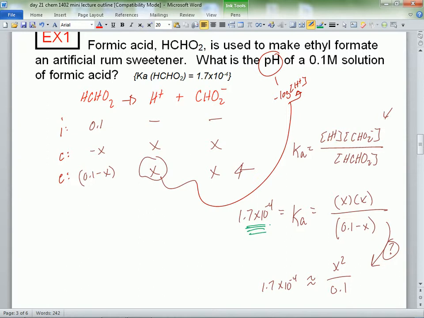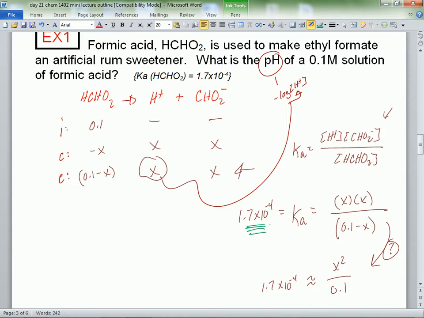Products over reactants. X's are your products. So if your K is really small, yes, we can drop these x's. So the question really comes down to what makes a small K. Because at some point, you can't drop this x anymore, and you're going to get the wrong answers, because the x won't be small enough.